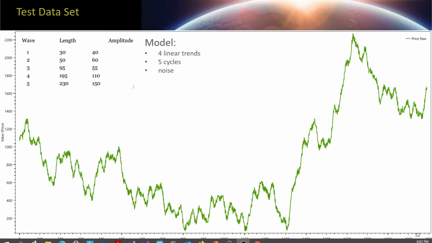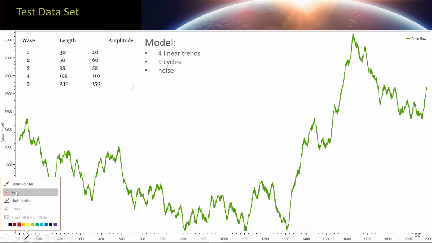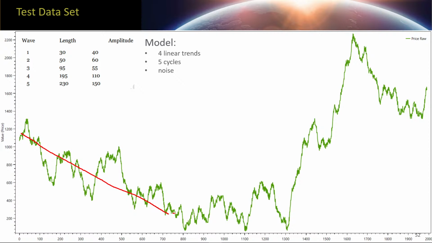The trends embedded in this data set are a linear downsloping trend here, then a sideways trend, then a strong uptrend, and then another downtrend. This is known because this is a constructed data set. So we have 4 different trend elements here.